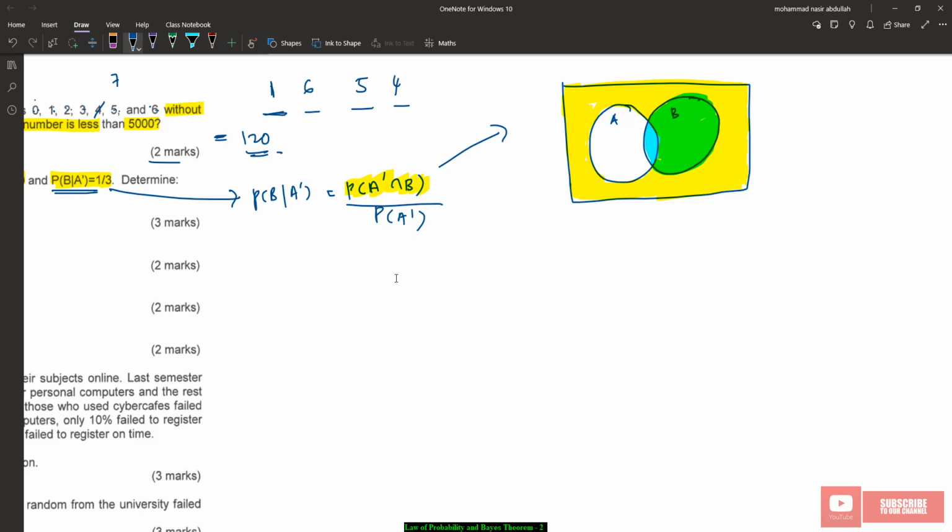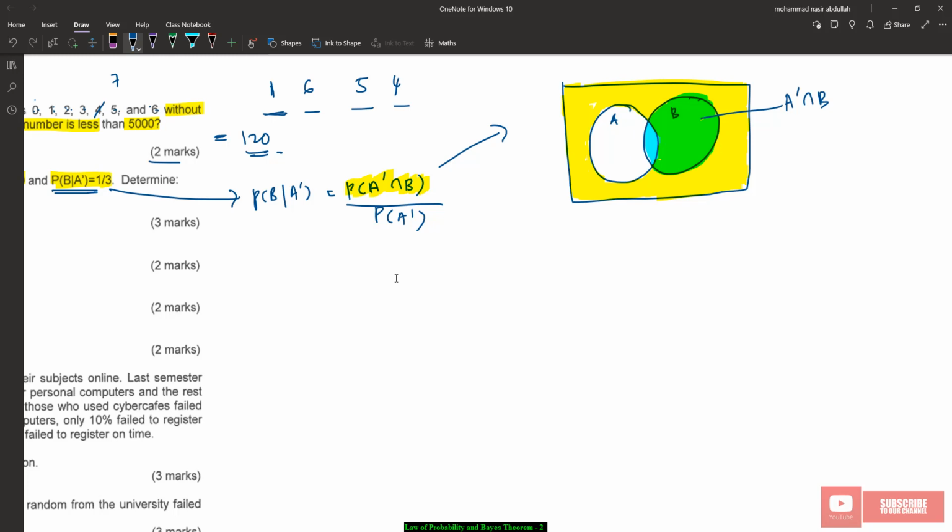So the color overlap should be green, right? So this is the intersection, A complement intersect B. Can you understand? It is this area only.